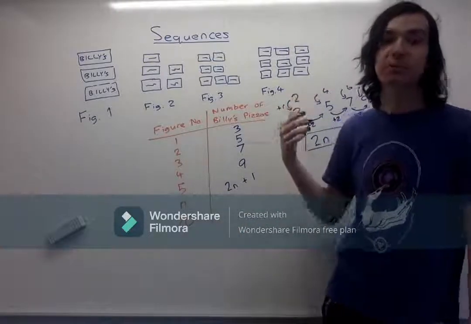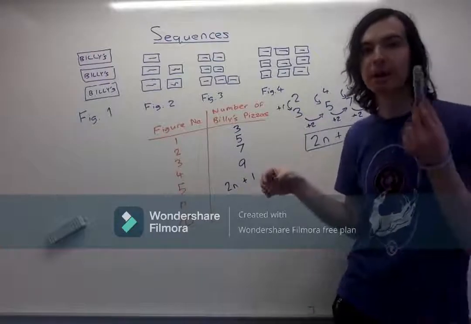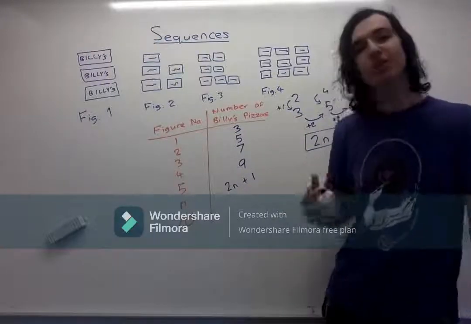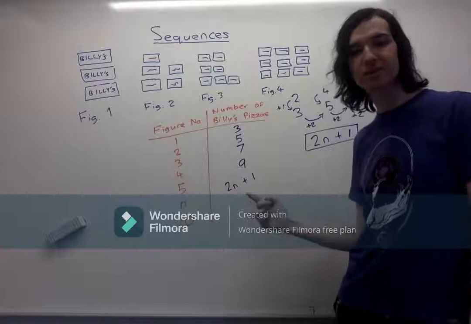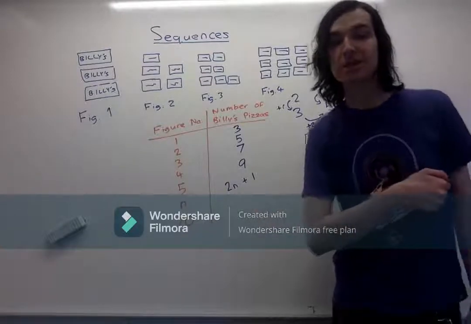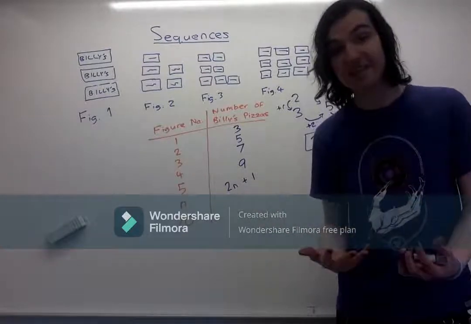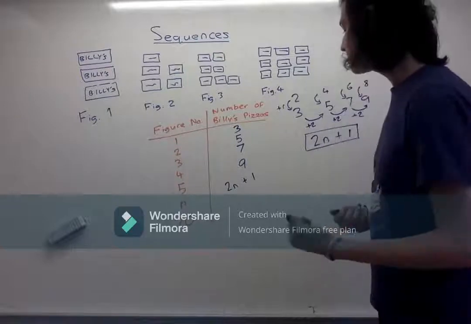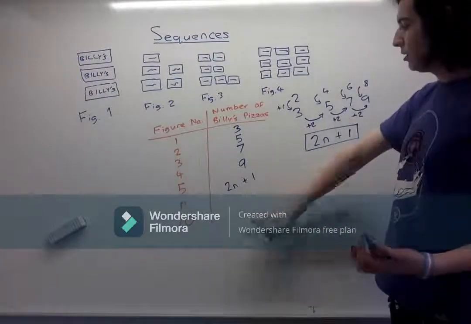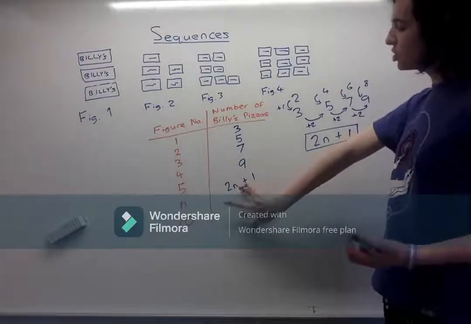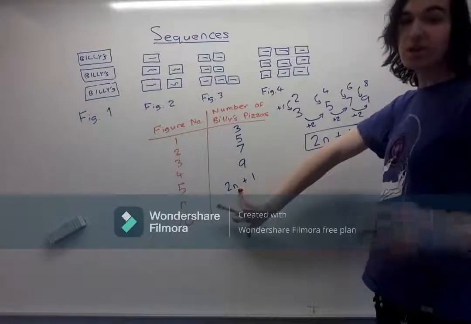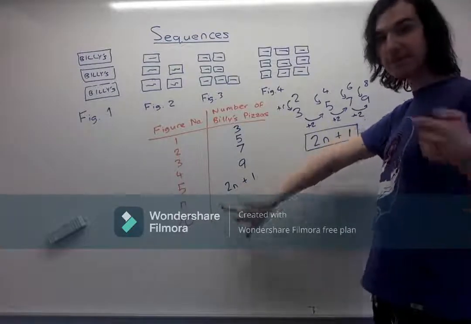Because if we're doing this, we'd probably run out of space on the board. My pen would run out of ink. So what we can do is use this to teleport to what the 70th term in our sequence is and how many Billy's Pizzas are waiting there for us to eat. So 2n plus 1, we are going to substitute, or in other words, yeet out the n and replace it with the number 70.